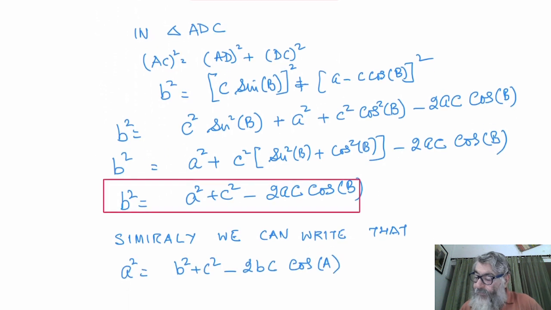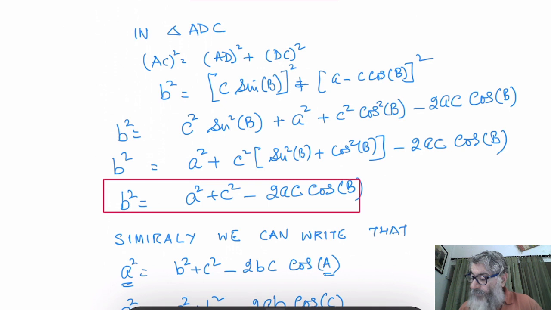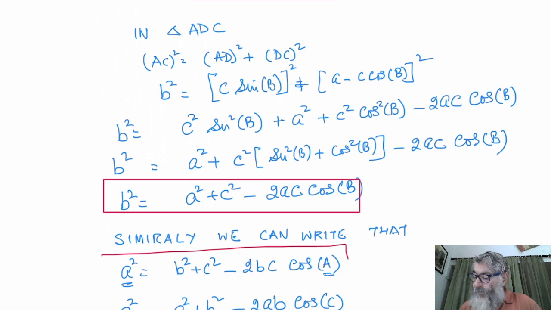And we can also write C square: it will be A square plus B square minus 2AB cos C. Here the side is C, here the angle is C. That you must keep in mind.